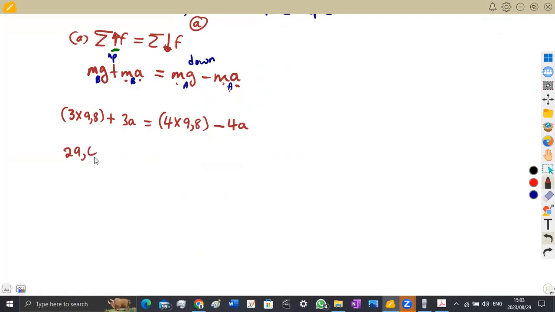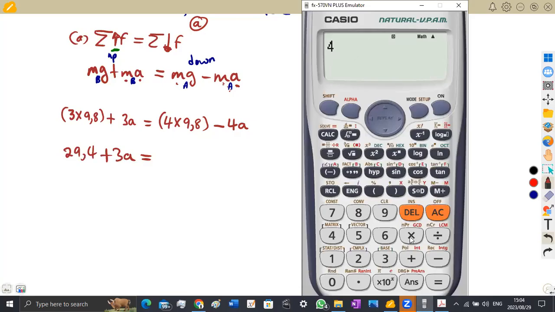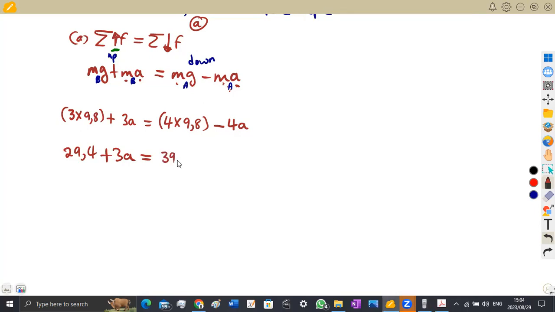So 29,4 plus 3A is equal to, and you do the same, 4 times 9,8, which is 39,2. So we have 39,2 minus 4A.